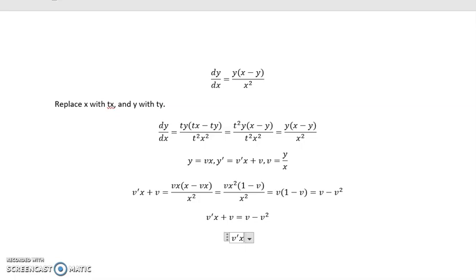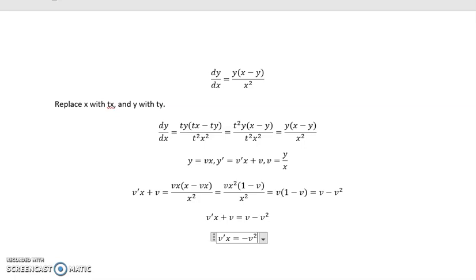I'm just going to get v prime x is equal to negative v squared. And then we have an equation that's only in terms of v and x, and it's separable.